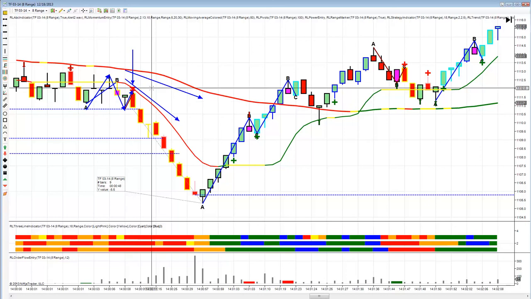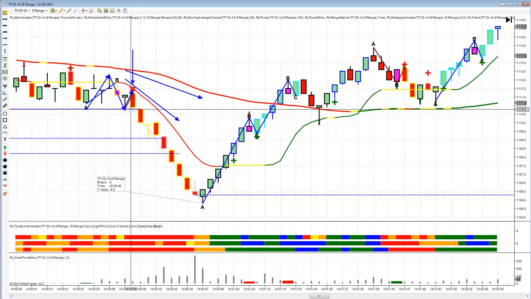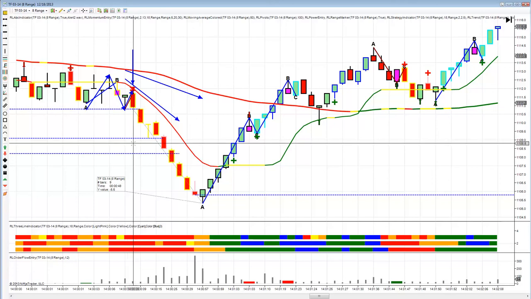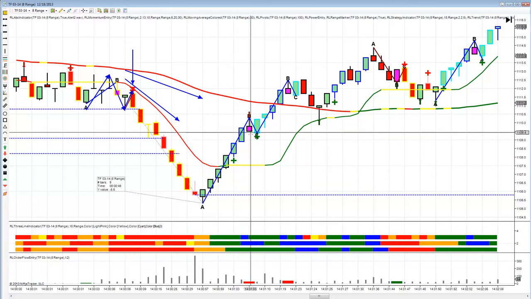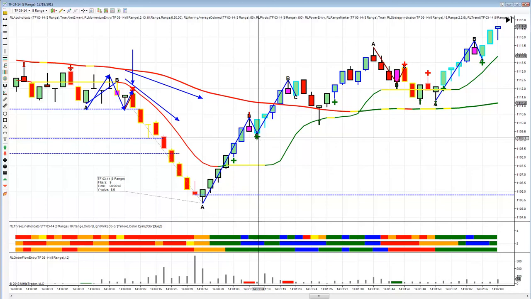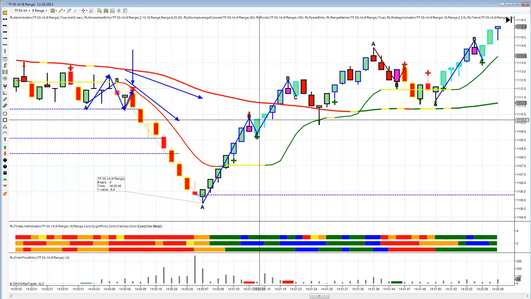Now, this is a good time to talk about our pivots. I think this is the best pivot indicator that you're ever going to see on any software package on the market today. It took a long time for us to create it. Pivots are very arbitrary, and every time the market makes a jog, up or down, a small pivot is created.